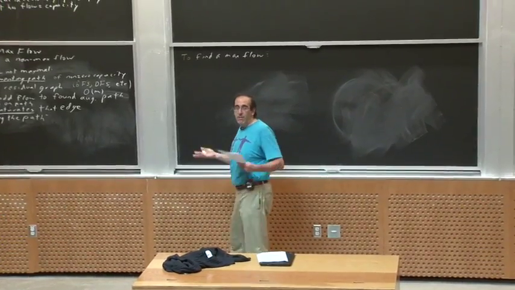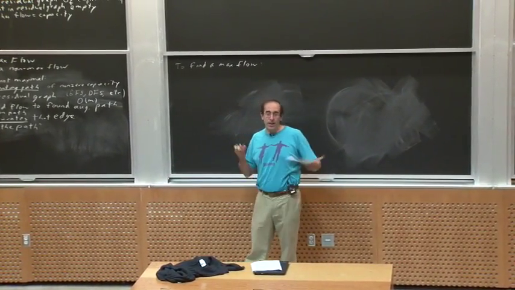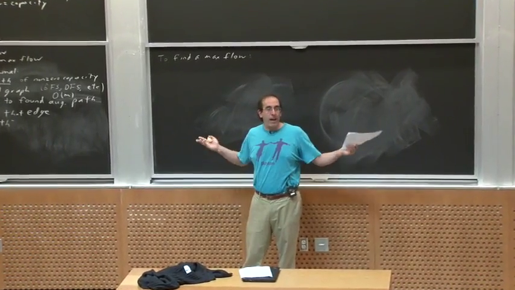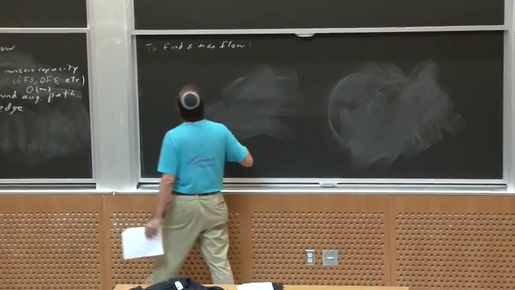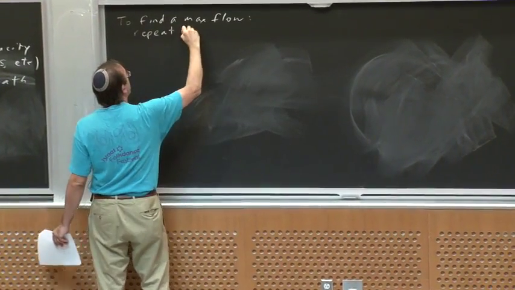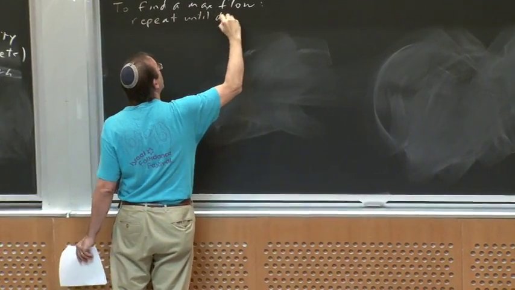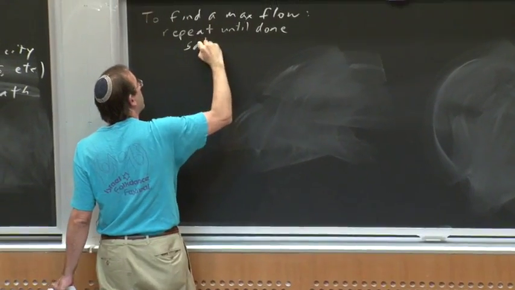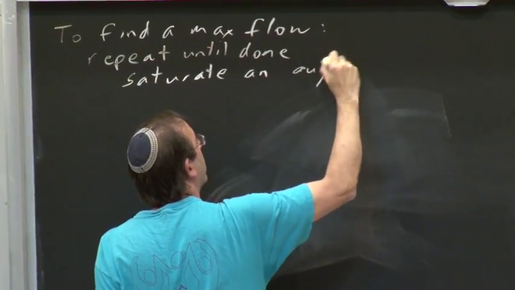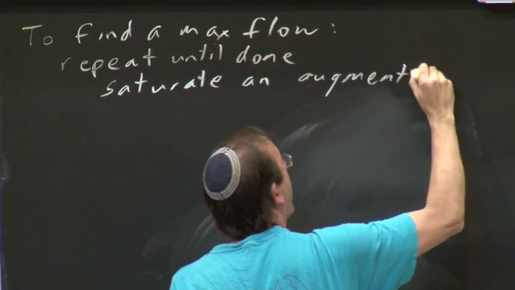We do this all the time. If we have an improvement procedure, we can iterate it until it doesn't work anymore, and then claim that we have something that is best possible, right? So repeat until done. Saturate an augmenting path.